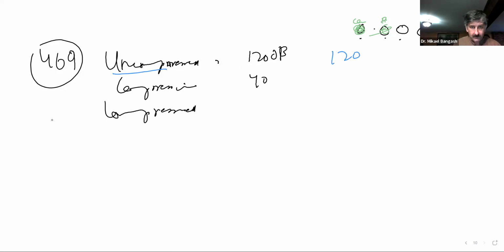From which we mean, just subtract the compression to get the intensity of the compressed signal, which is 80 decibels. Did you guys get that?